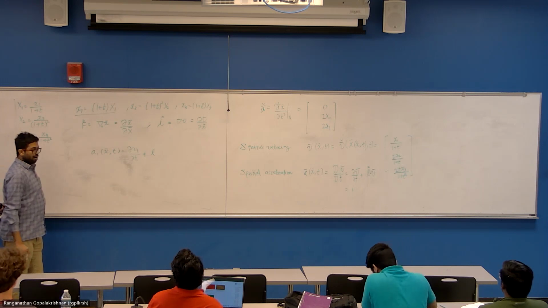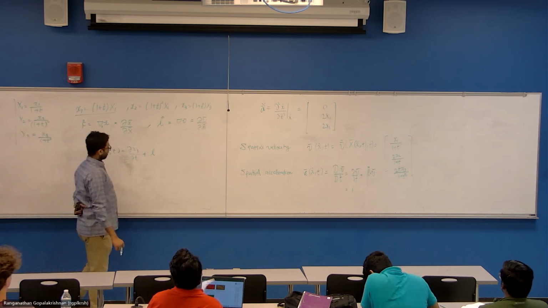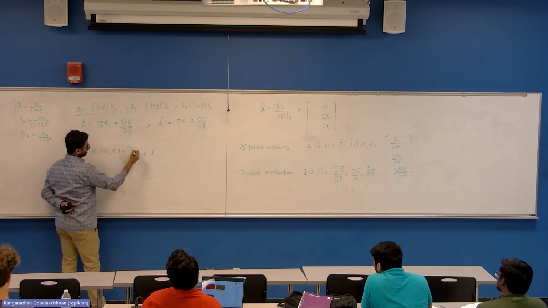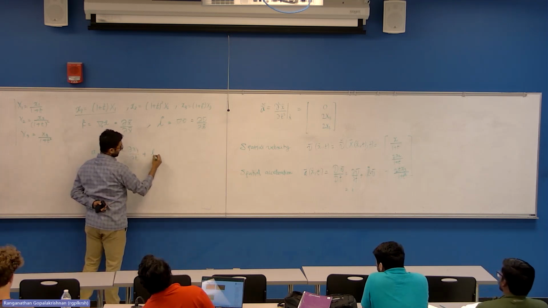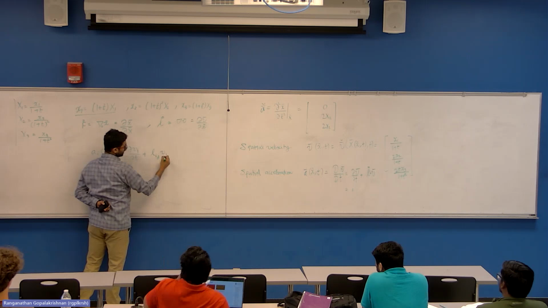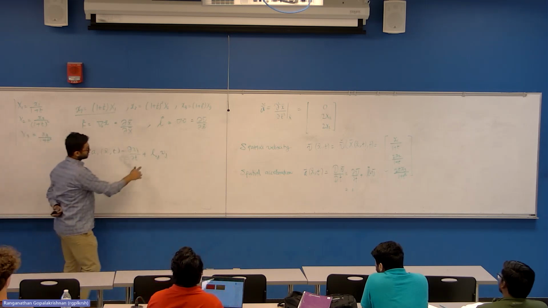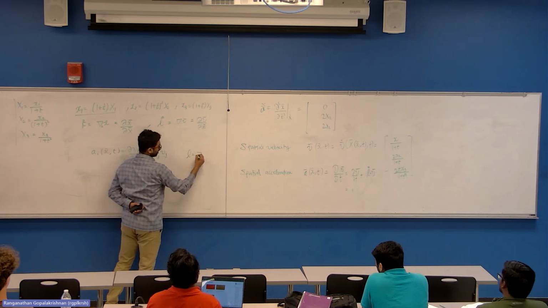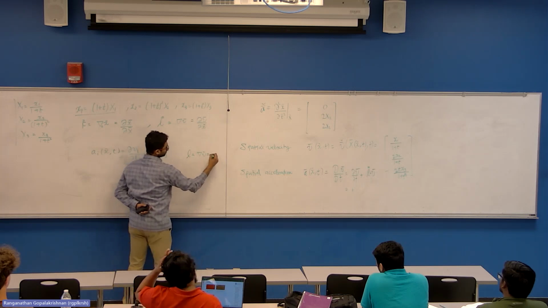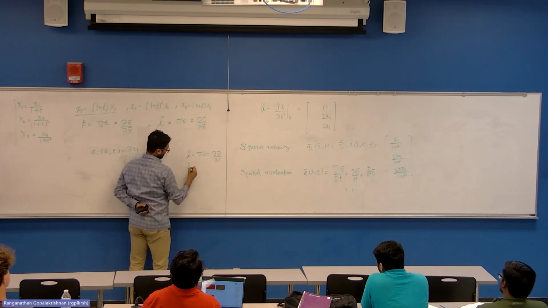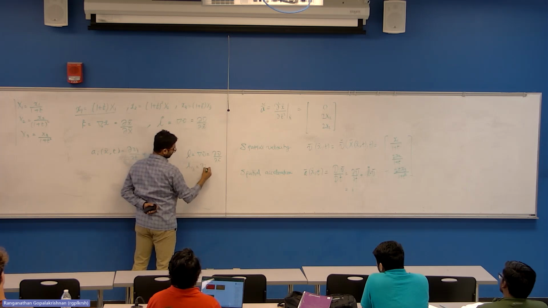L dot v. If this is i instead of 1, this would be L_ij V_j. Remember what L is: L is the velocity gradient, which is partial V over partial X. So L_ij is partial V_i over partial X_j.